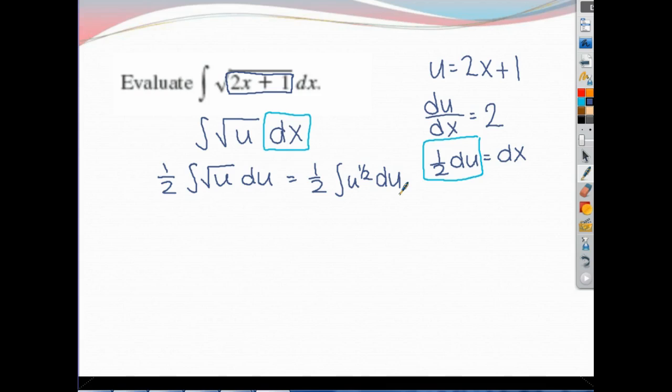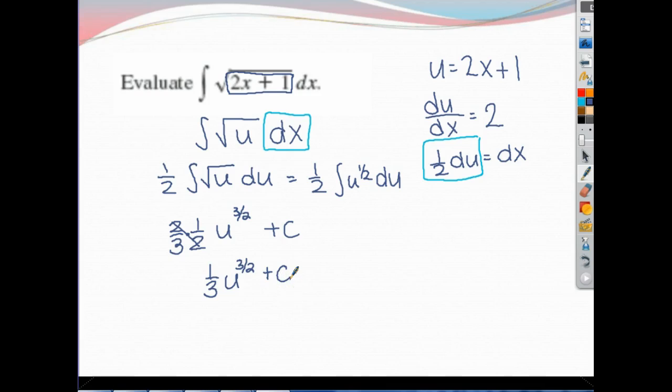Add 1, divide by your new exponent. Dividing by 3/2 is really like multiplying by 2/3. So we have 1/3 u to the 3/2 plus c.